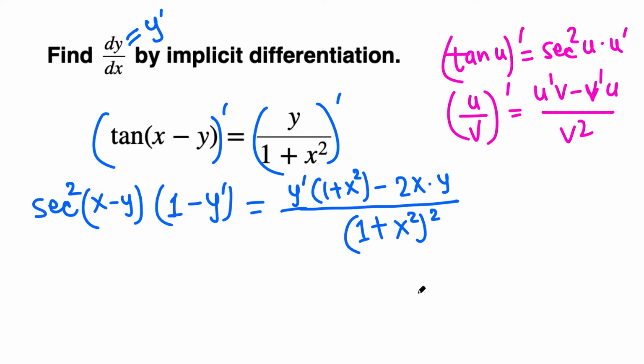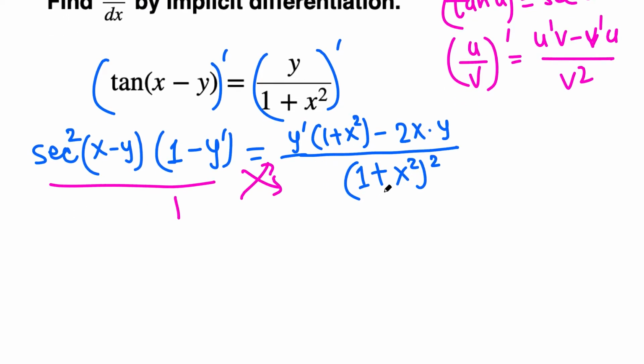Now we need to isolate y prime, which is here. We can distribute this, but we got a fraction here. We can separate into 2, or how about if we say everything over 1 and cross multiply. This way we can get rid of the fraction. So this one goes here, so we have secant squared of x minus y times 1 minus y prime.